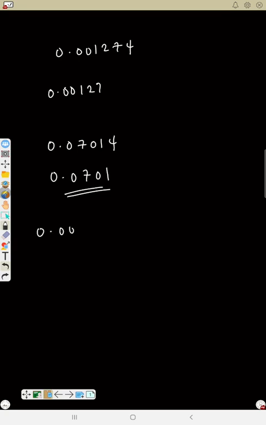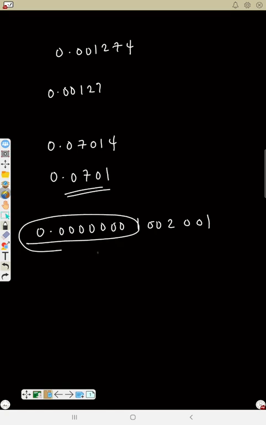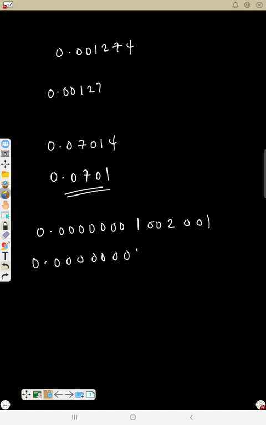What if I have 0.0000010020001? Now approximate this one to five significant figures. Now all these zeros before the number are not significant. That is 0 point, then 1, 2, 3, 4.